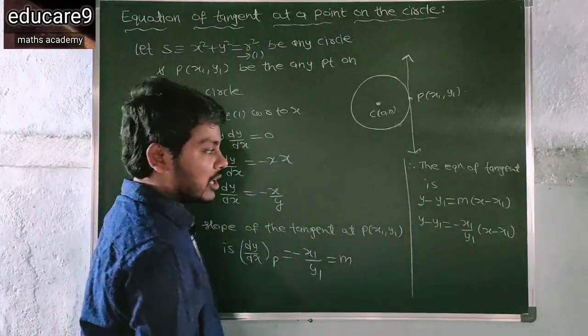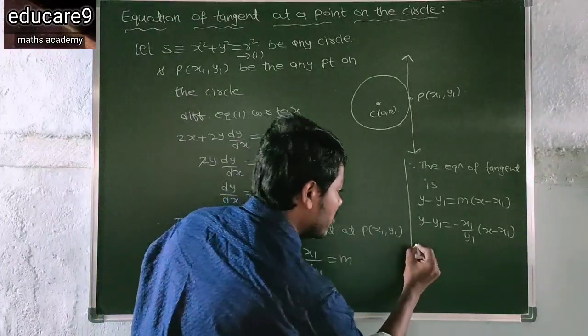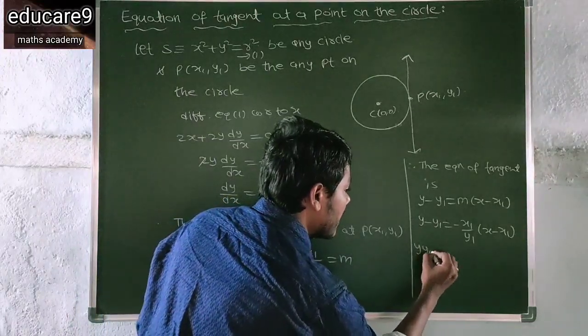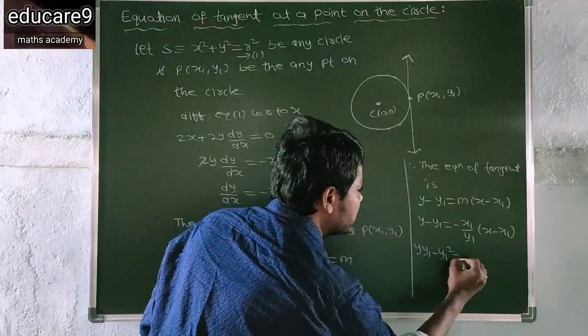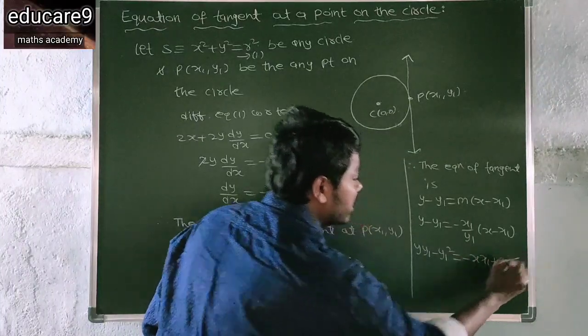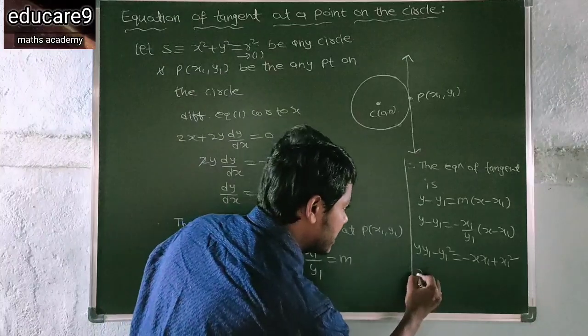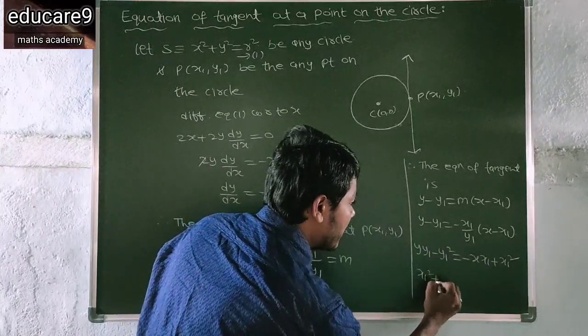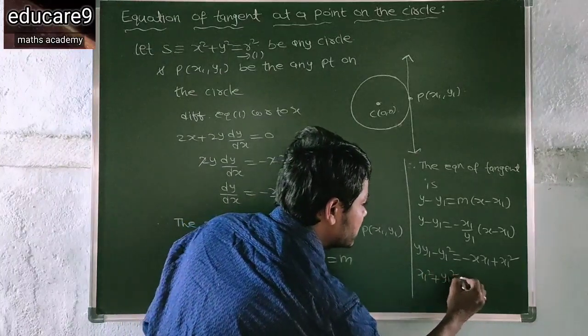Okay. Now cross multiplication, what do you get? y y1 minus y1 square is equal to minus x x1 plus x1 square. So x x1 plus y y1 is equal to x1 square plus y1 square. But what is x1 square plus y1 square?